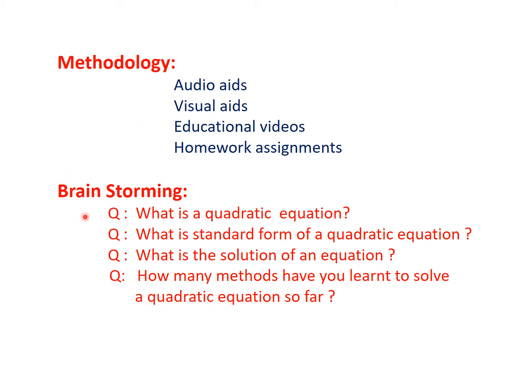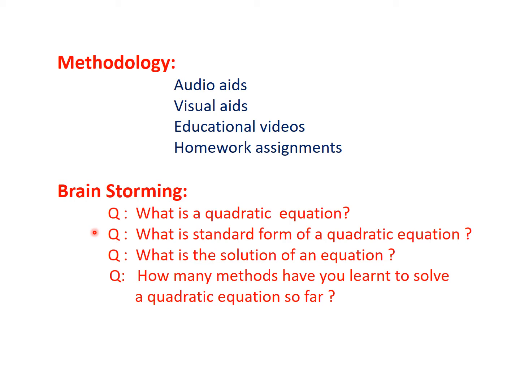For brainstorming, we have simple questions. What is a quadratic equation? Yes, answer is simple. An equation having highest degree 2 is called quadratic equation. Then what is standard form of a quadratic equation?